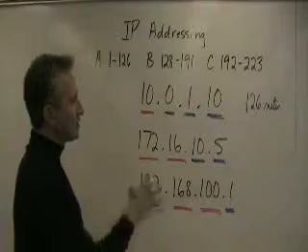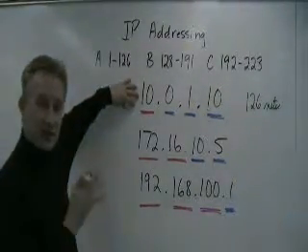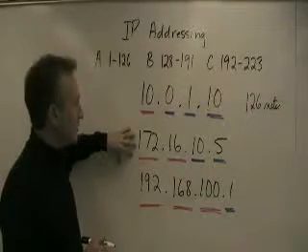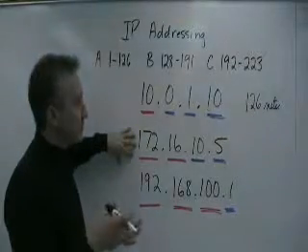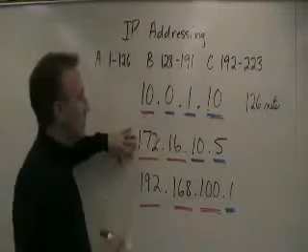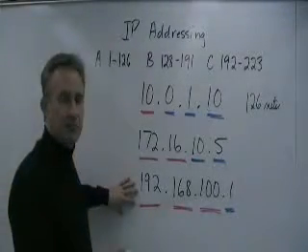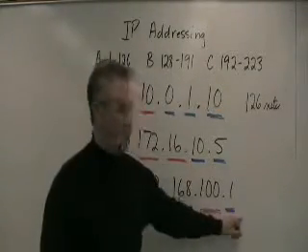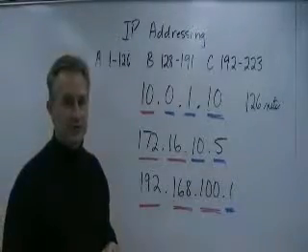And so what this all implies is Class A networks tend to be quite large, and there are not very many of them. Class B networks, there's a fair number of them, and they're still quite large, but they're not nearly as large as Class A. And then Class C has the largest number of networks within the class, but also the smallest size networks. And that's what all of this implies.